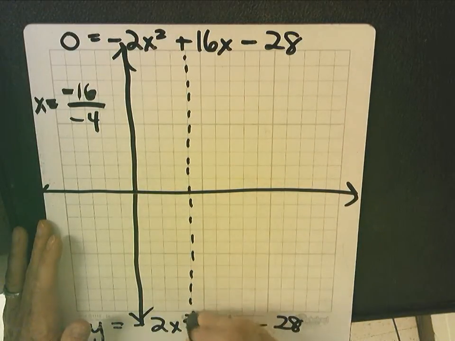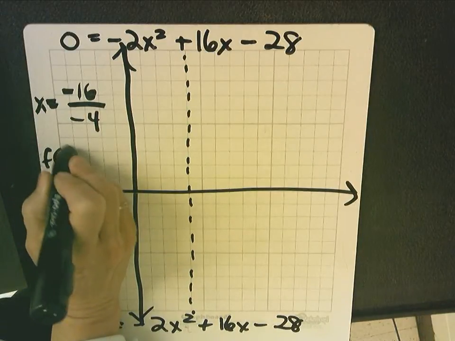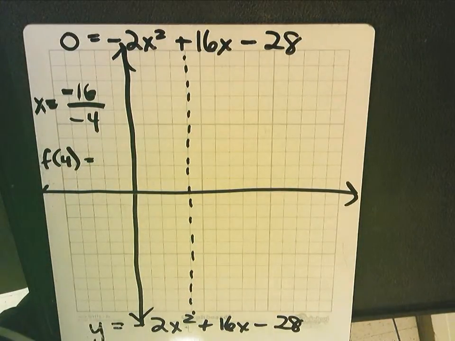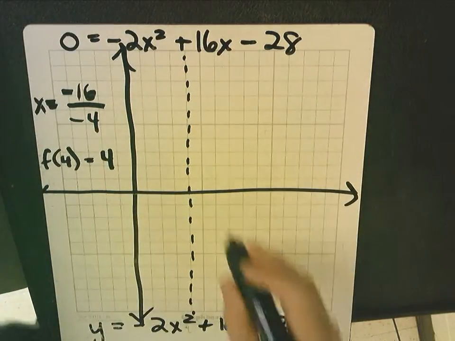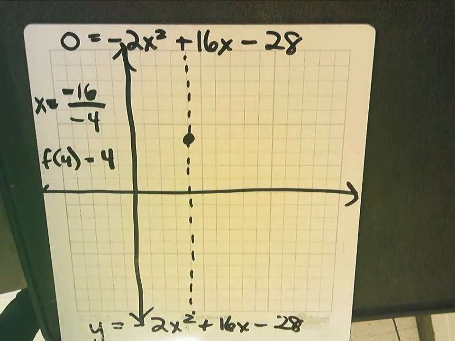Put that down there. And then I find the value of f of 4. And when I plug 4 in, I get negative 16 plus 48 minus 28. So that ends up being a positive 4. So 4, 4 is my vertex.